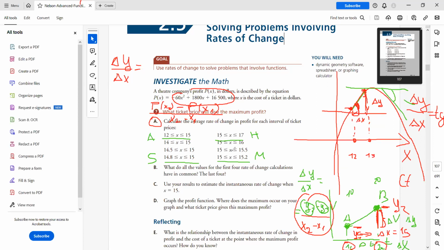Okay. And I'm pretty sure on the interval from 15 to 16, it will be decreasing as well, right? Because 15 to 16 is part of 15 to 17. And unfortunately, I think Ahmad is not really active.